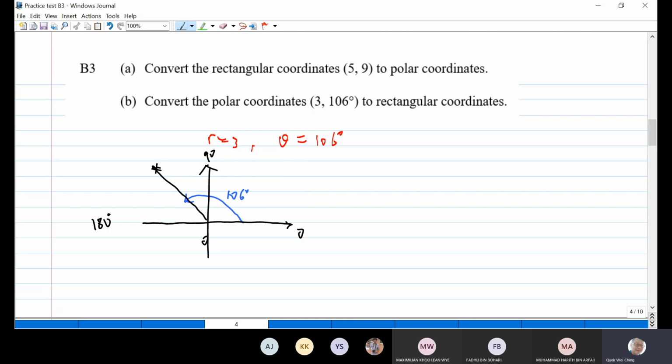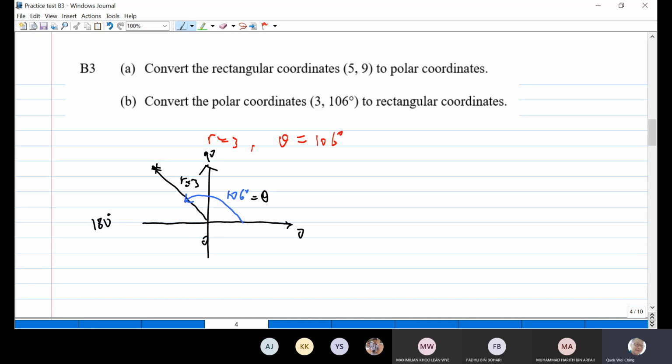Okay, R equal 3. Okay, this is the point. 3, 106. Right, theta is 106 here.